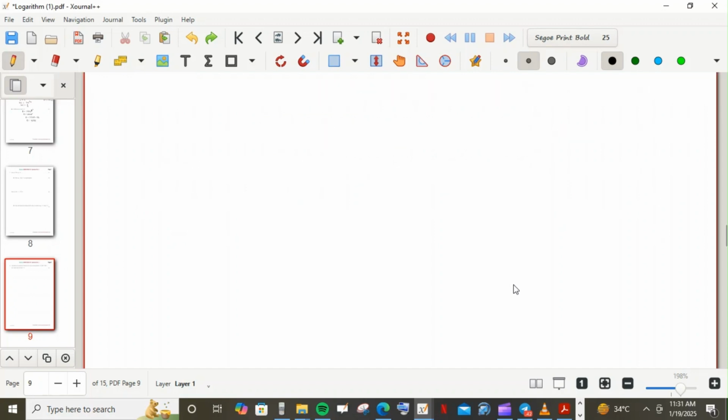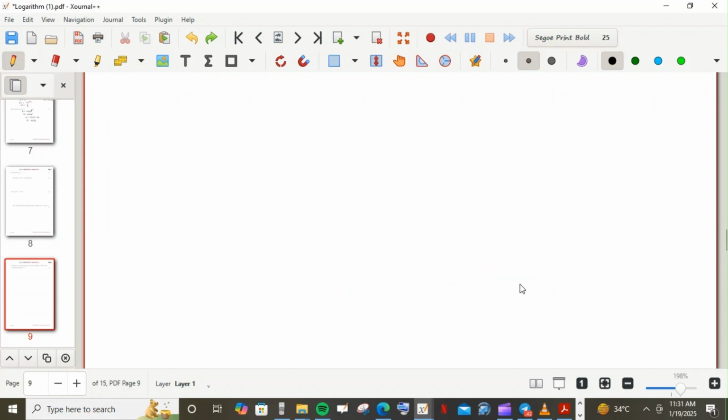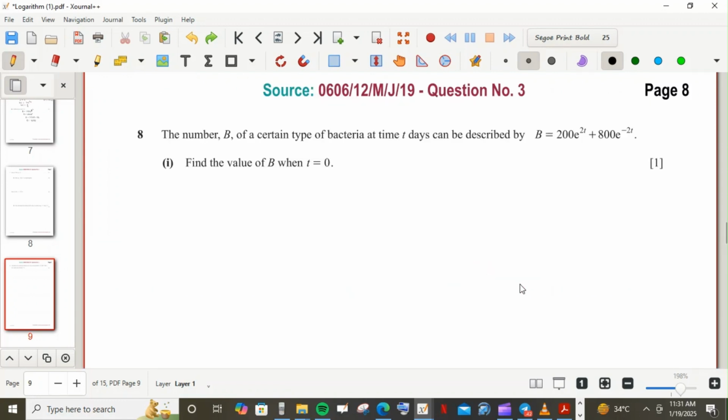Okay, I can see another one here. Now, the number b of a certain type of bacteria at a time t days can be described by this. Find the value of b when t is 0.